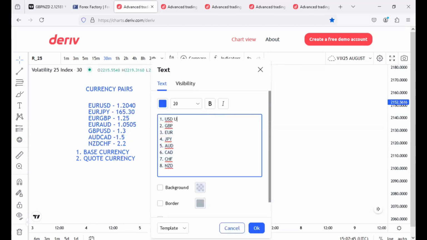Let me put the meaning. United States dollars, Great Britain pounds, simply euro, Japanese yen, Australian dollars, Canadian dollars.